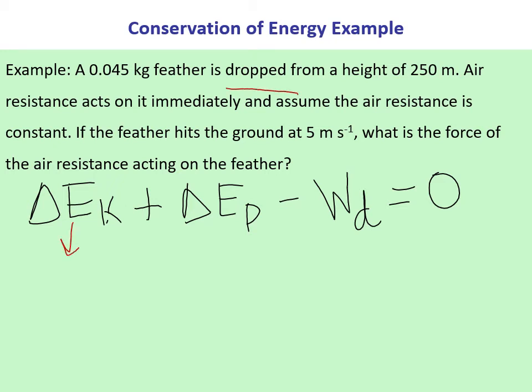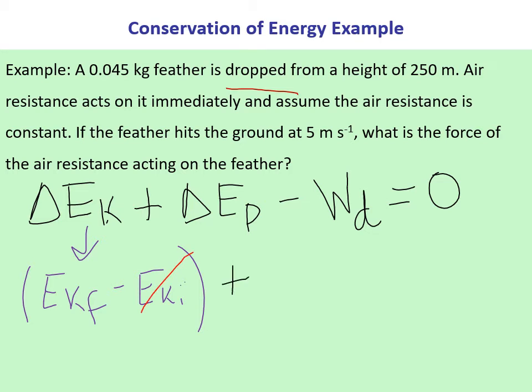This feather is dropped from a height. So this change in kinetic energy is EK final minus EK initial. And initially, the feather is dropped, so it has no initial kinetic energy. That's 0.